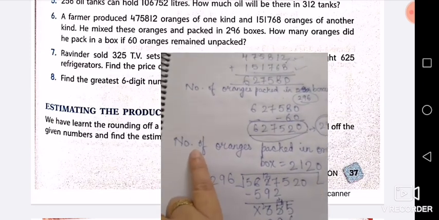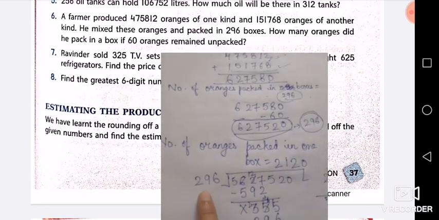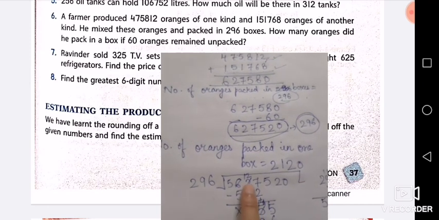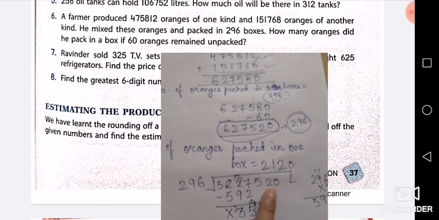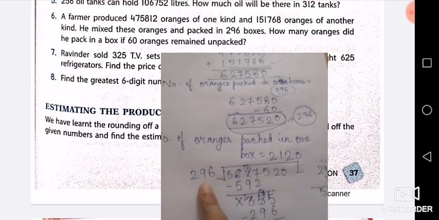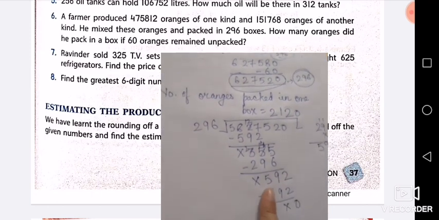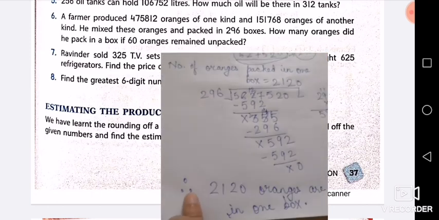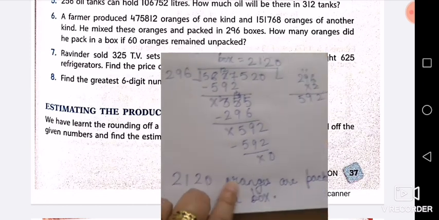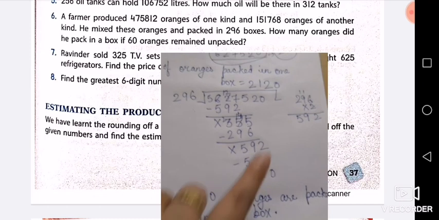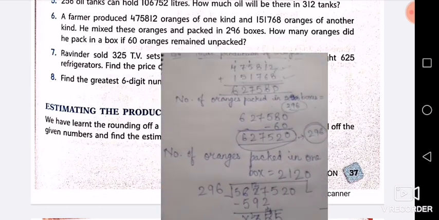Then you have to find the number of oranges packed in one box. So 6,27,520 will be divided by 296. After doing the division, we will get 2120 oranges packed in one box, which is the quotient of this division. I hope this question is clear to you all.